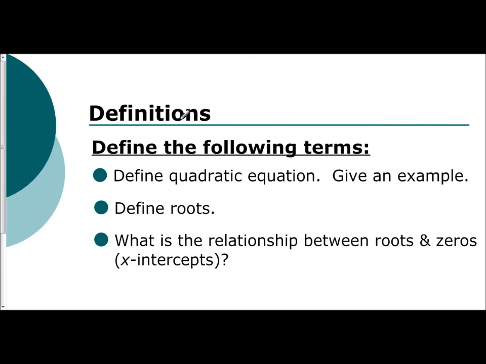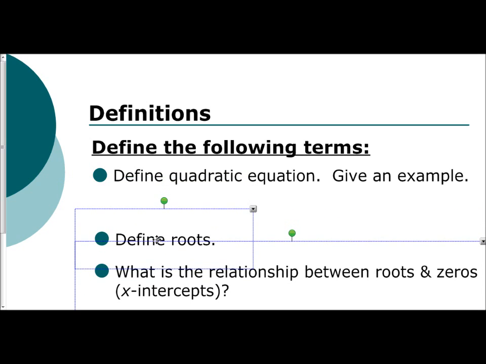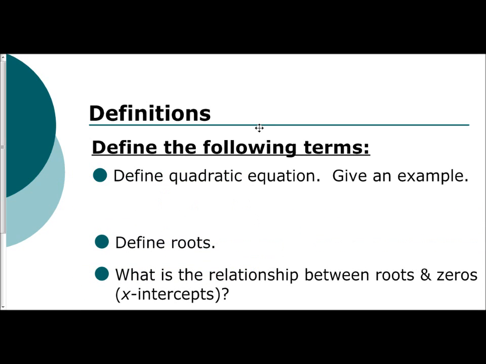So in the following, define a quadratic equation and give an example of it. So let's move these two down, and we can define a quadratic equation, give an example. So an example of a quadratic equation we can use is, let's say it's x squared minus 3x plus 6.